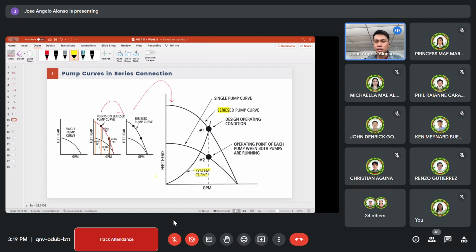As you can see as well, the system curve is opposite lagi sa ating pump curve. So, kung saan mag-intersect yung ating system curve at yung ating pump curve, that will be the design operating condition. So, kung saan sila mag-operate, then that will be the design operating condition.